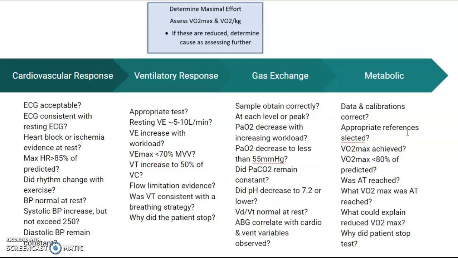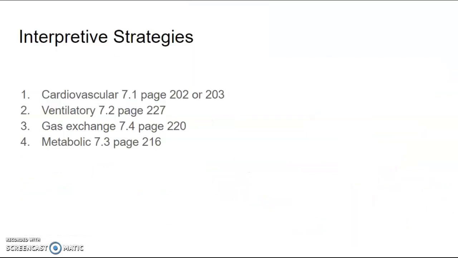So again, these are some of the highlights of each thing that you need to evaluate when you look at the data, but it's by no means every single detail. To get those details, I have provided for you where you can find them. And these are in the interpretive strategies boxes. For your cardiovascular assessment, it's going to be interpretive strategy 7.1, and you can find it on page 202 or 203.